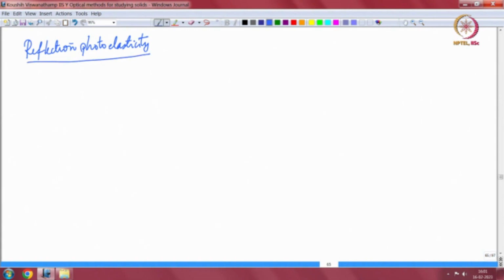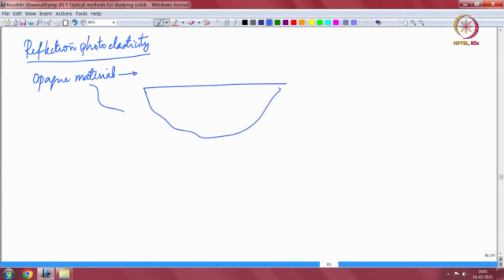Naturally the name sort of gives it away, right. The idea is very simple. If you have an opaque material, let us say this is my opaque material and I want to evaluate what strains or stresses this material is being subjected to, I coat it with a birefringent transparent material, and I coat it in such a way that there is perfect bonding at the interface between the two, and then I apply my loads to this sample.